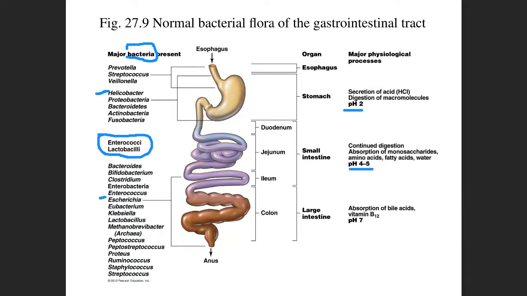So if New York has its own Helicobacter flora, and you go to LA, you're going to get some other Helicobacter. But because you already have one colonizing from your mother, that actually prevents the other Helicobacter pylori from infecting. And that's part of the innate defense mechanism, which we'll talk about.